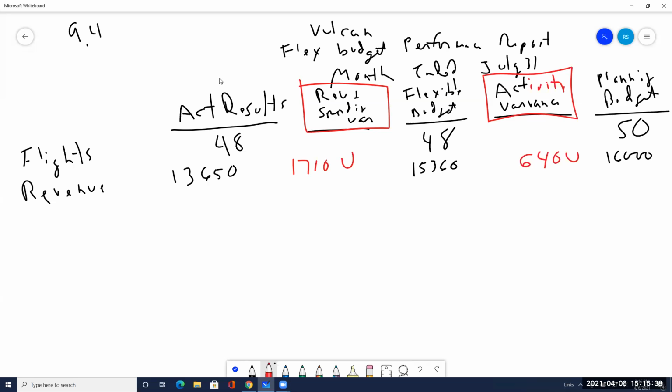That's a problem because it is very large. That's over 10%. Based upon the number of flights we should have done 15,360, and we only did 13,650. That's over a 10% shortfall. That's pretty big, so that is something we may want to look at for an explanation.